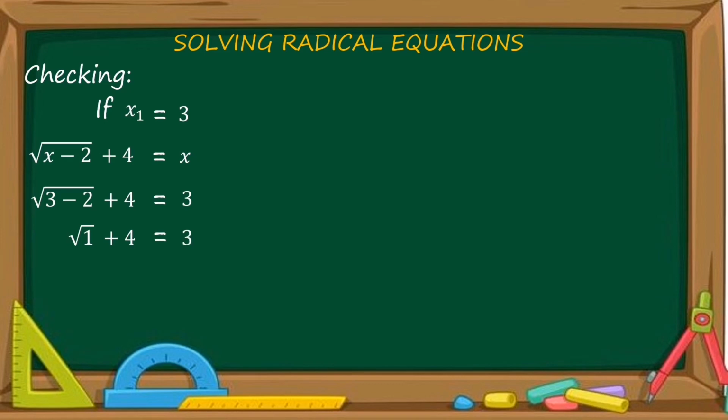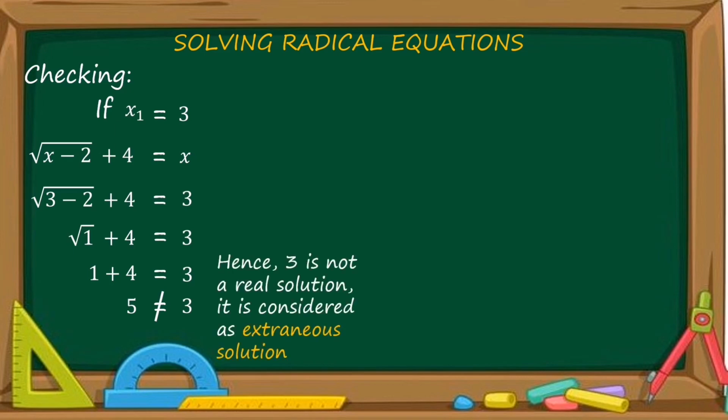The square root of 1 is equal to 1, plus 4 is equal to 3. The left side of the equation is now 5 equals 3. As you notice, 5 is not equal to 3. Hence, 3 is not a real solution. It is just considered an extraneous solution.